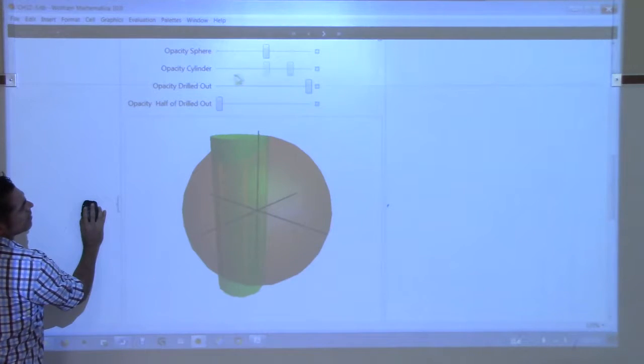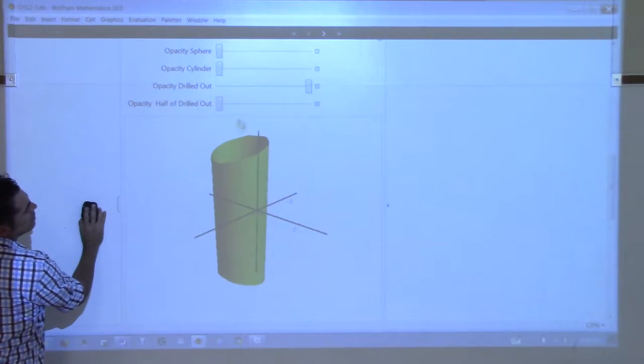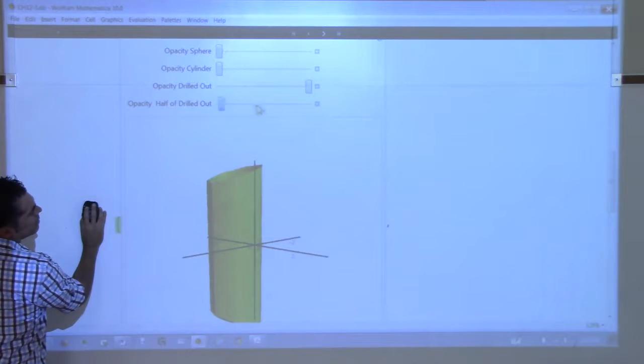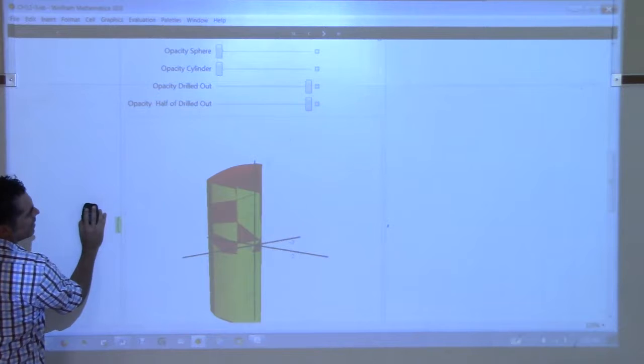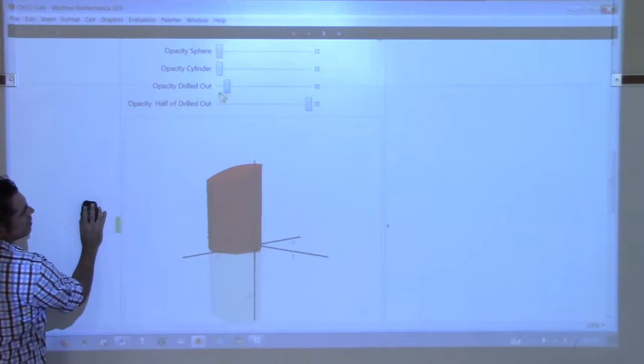The part that actually gets drilled out, we'll just look at the top half of it.